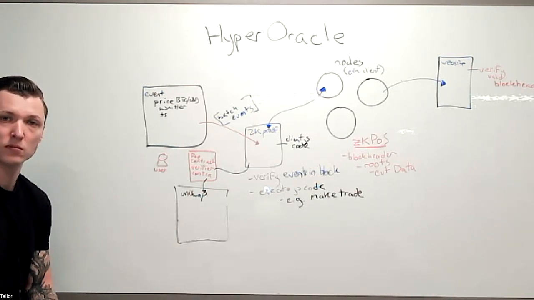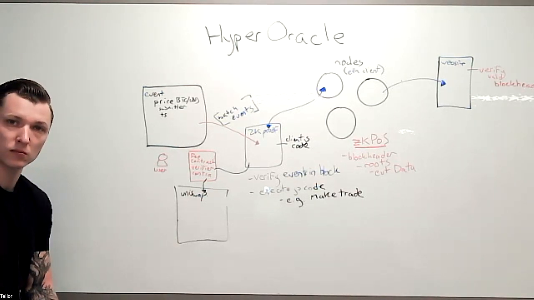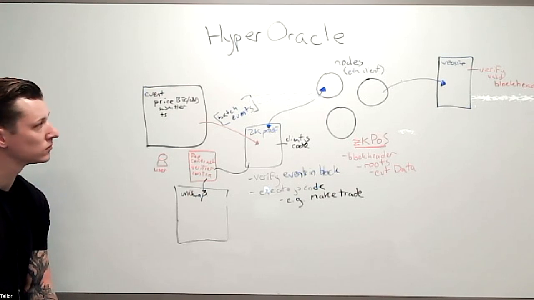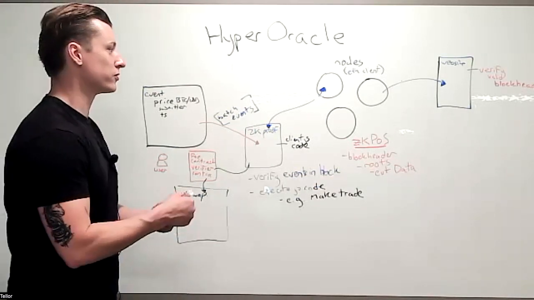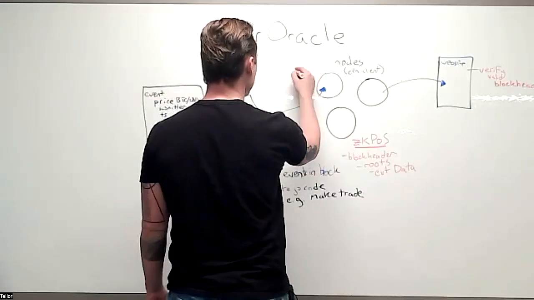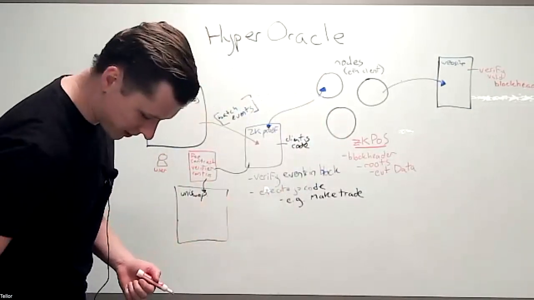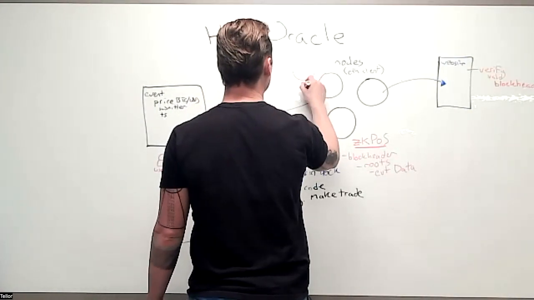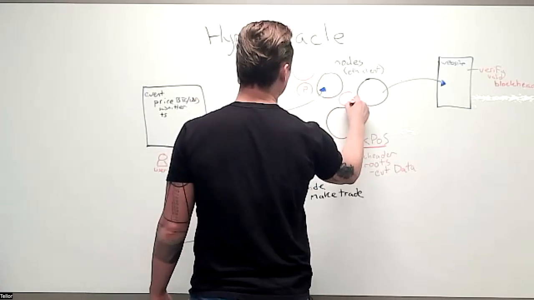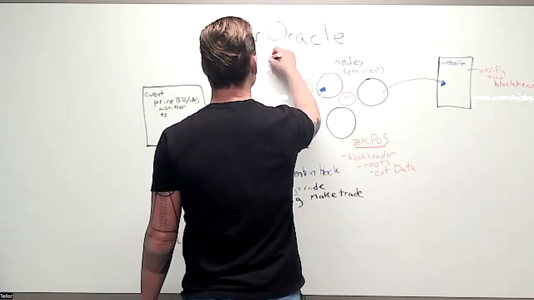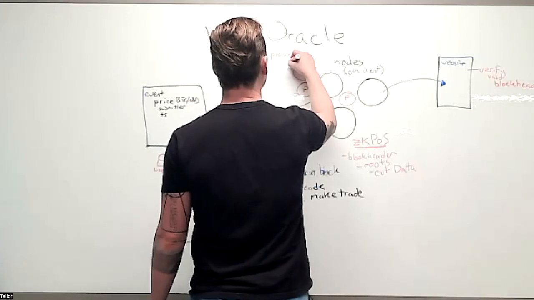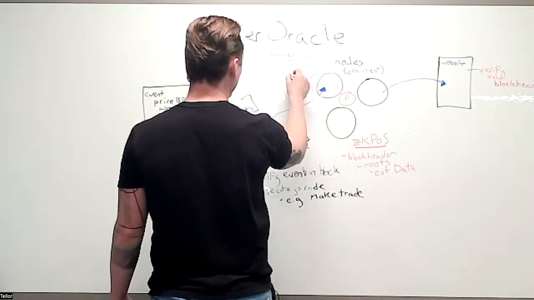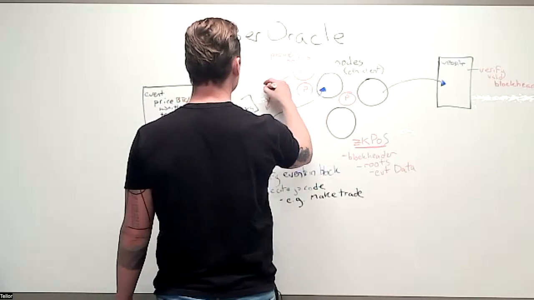For the nodes, there's actually another type called prover. Provers need more high-end hardware for generating the proofs. So there are some special nodes that only do the proving, and they generate this ZK proof.